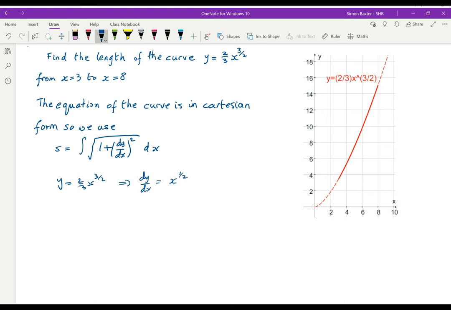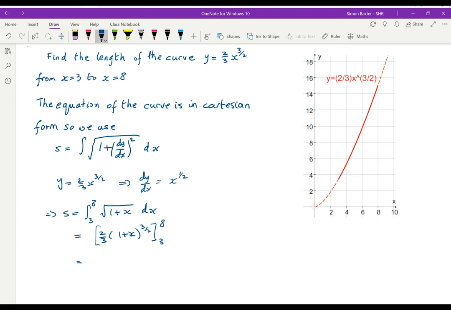So now we get that s is equal to the integral as x goes from 3 to 8, root 1 plus (dy by dx) squared; x to the half squared is x, dx. That's nice and easy to integrate. 1 plus x to the half must have come from 1 plus x to the 3 over 2. And I need 2/3 to make it work, between 3 and 8.